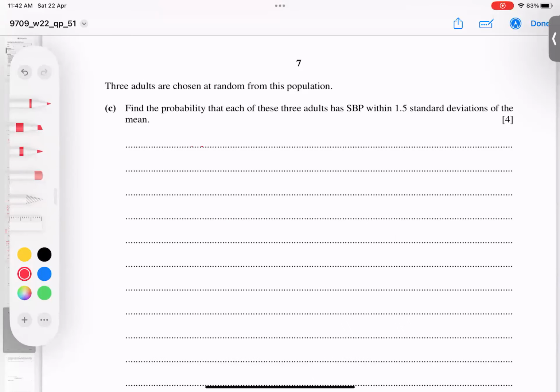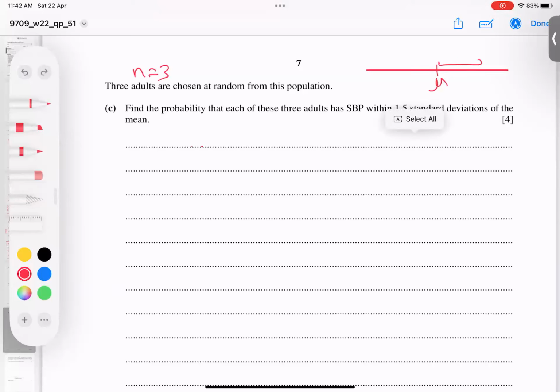Next part. What the question is saying here is that 3 adults are chosen at random from the population, so n is 10, 3. The sample taken is 3. Find the probability that each of the 3 adults has blood pressure within 1.5 deviations of the mean. Within is very interesting. If I say within 5, it means 5 here and 5 here.